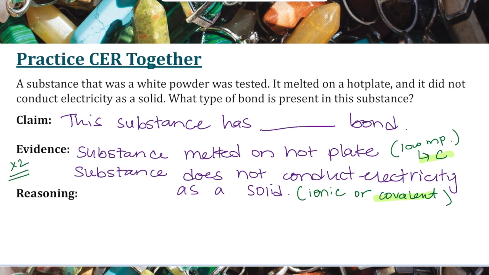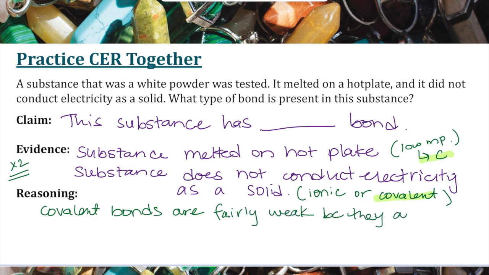All right. So how can we connect this with our reasoning? Covalent bonds are fairly weak because they are sharing electrons.